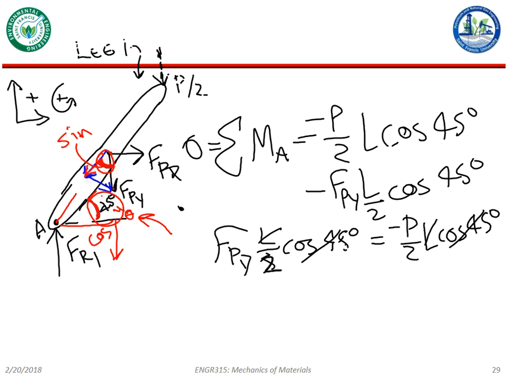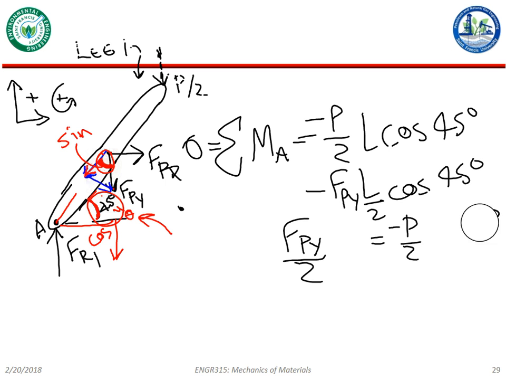You're left with FPY over 2 equals P over 2. FPY does equal negative P. That part makes sense to me. So that is negative 200.